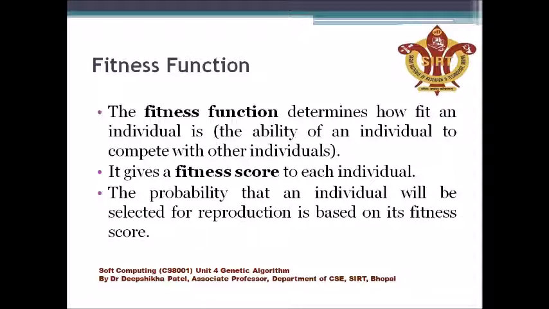With the help of the fitness function, on the basis of the fitness score of each individual, we can find the fittest individuals from the population. The probability that an individual will be selected for reproduction is based on its fitness score. So the individual with the higher fitness score will be selected for the reproduction of the offspring.